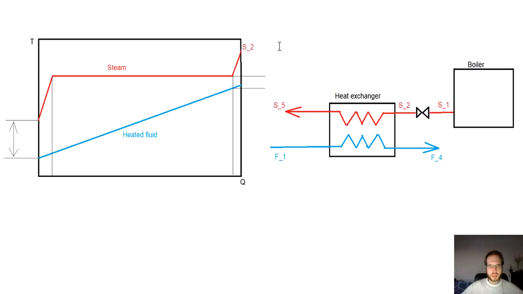Now, why we left the points 3 and 4 is because those will be the points of saturated steam and saturated liquid. So here the point of saturated steam, as the steam is cooling down, will be the point S3. Saturated liquid point S4. And the outlet will be S5.